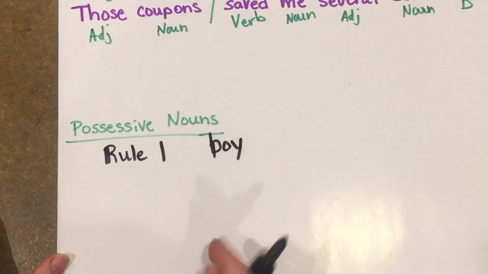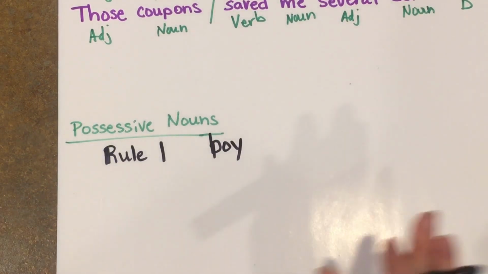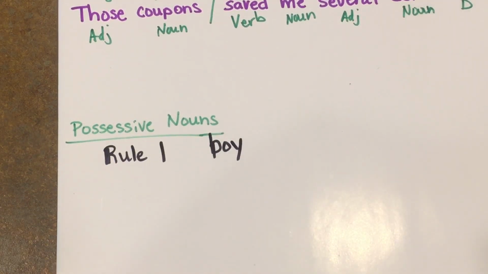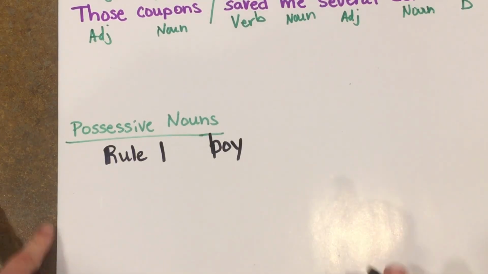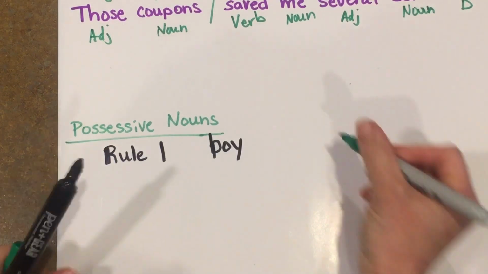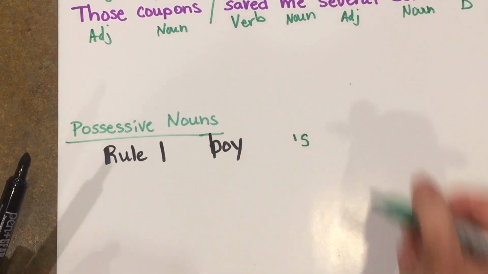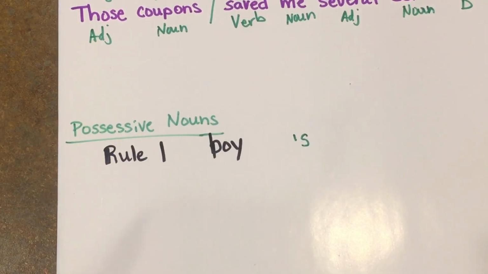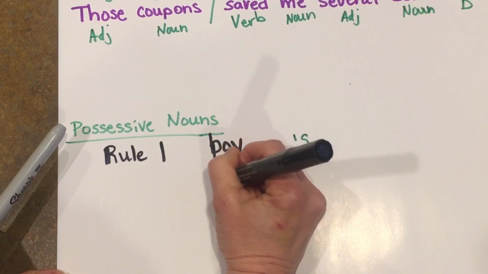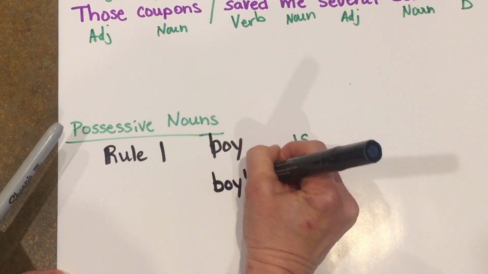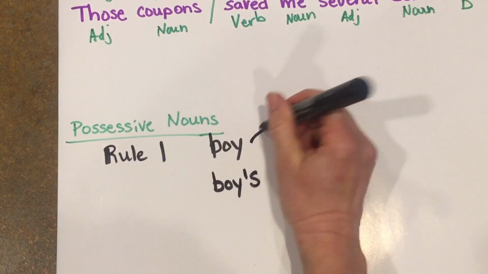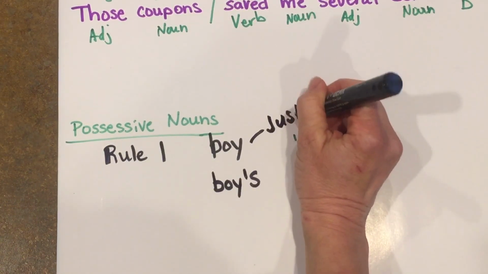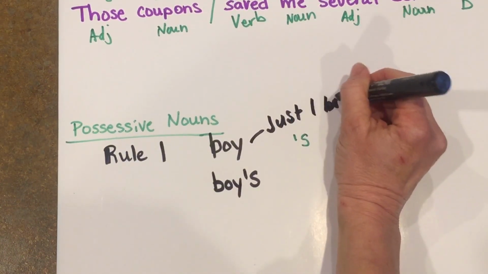When we want to make boy possessive, we're going to put an apostrophe S. So rule number 1 is apostrophe S. Boy becomes boy apostrophe S, okay? That's for a singular, just one boy.